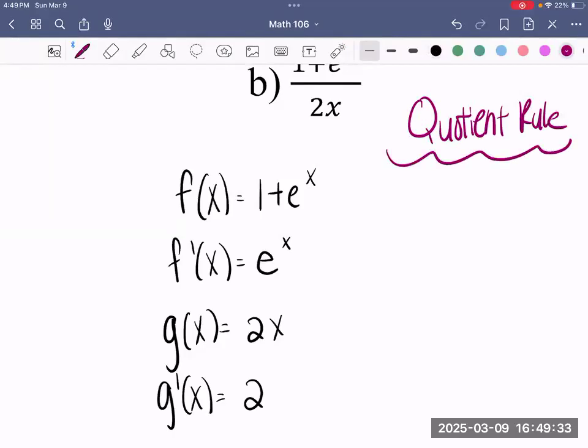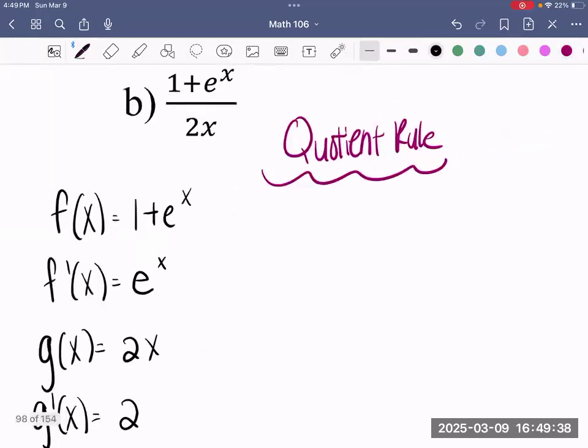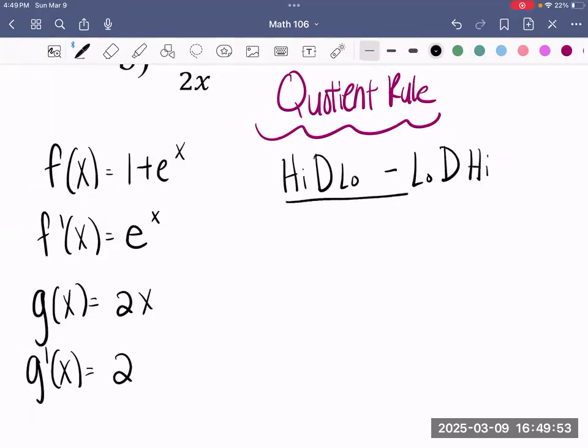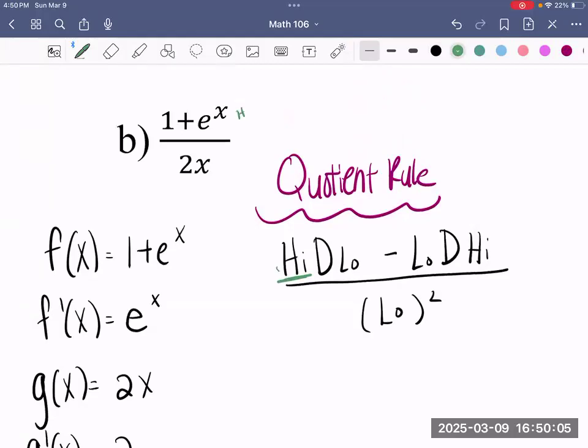I had a former student, now he's moved on to another instructor, and he often comes into our math lab, and he told me that they have kind of their own saying where it says high d low minus low d high over low squared. What that is just saying is that you keep your first one, the top one, this is high, this is low, but you keep the first one the exact same.